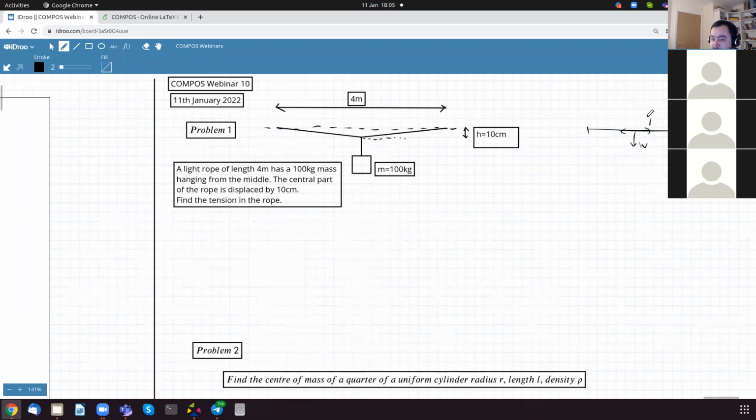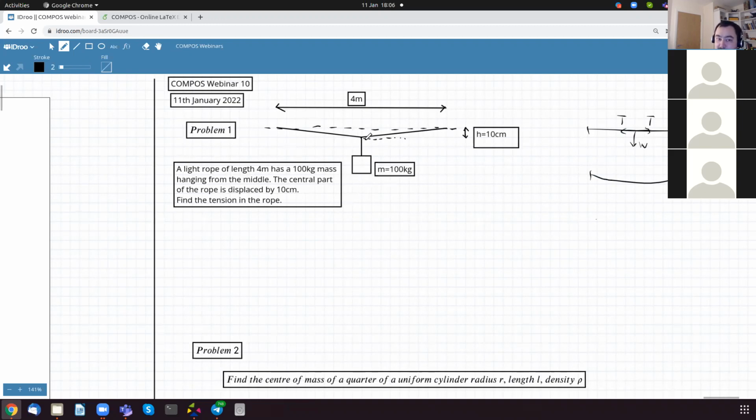The tension forces in the rope cannot compensate W because they're perpendicular. So any rope, no matter how light it is, will always have some kind of slack, even with infinite tension, if that exists. But here we say it's a light rope, so it's approximately horizontal with no mass attached.